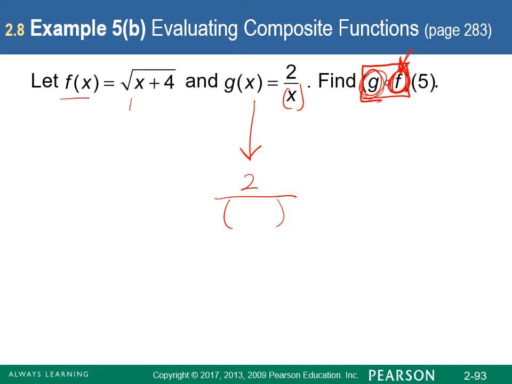The f function is the square root of x plus 4. So this is the composition function. Now we'll substitute a 5. So substituting a 5, we get 2 over the square root of 5 plus 4. 5 plus 4 is 9, and the square root of 9 is 3.